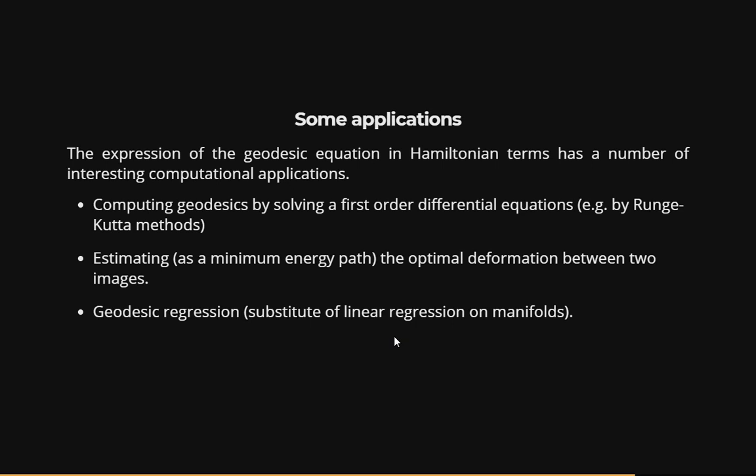So you want to find the geodesic that fits your data at best. And the usual way of doing this is exactly to use as a characterization of the geodesic the Hamiltonian equation and Hamiltonian Monte Carlo method. We'll talk about it later on.